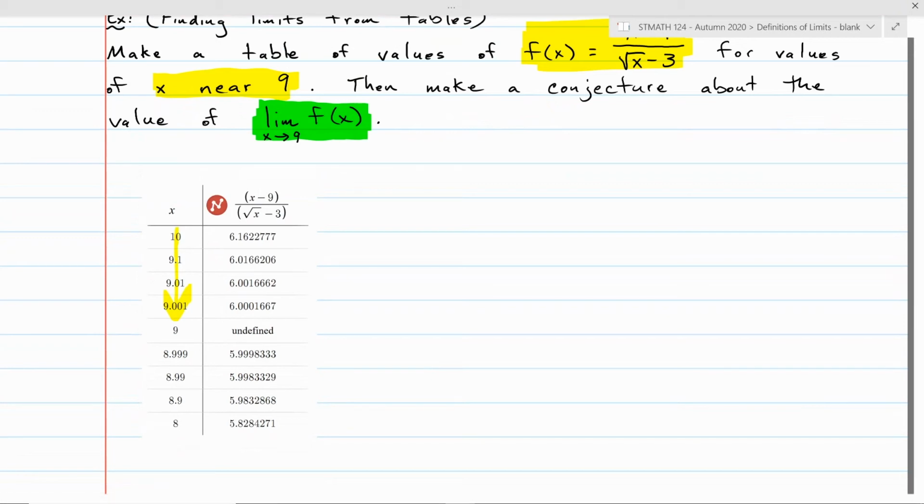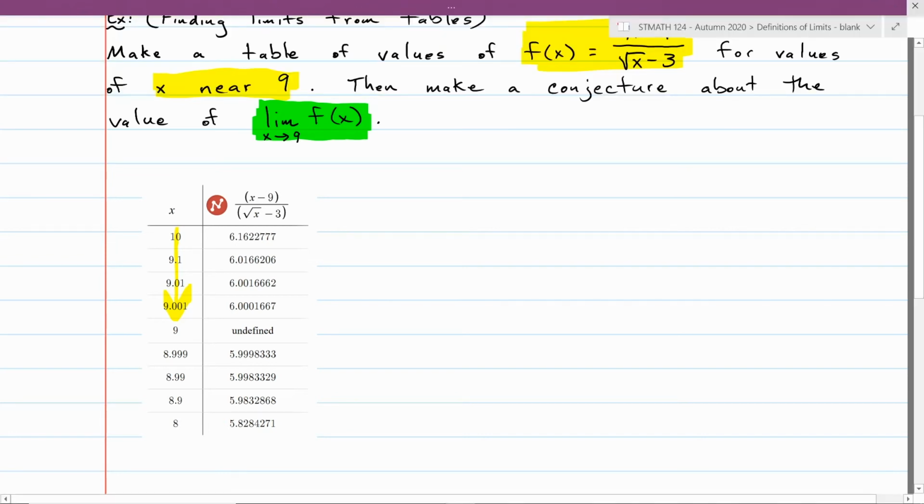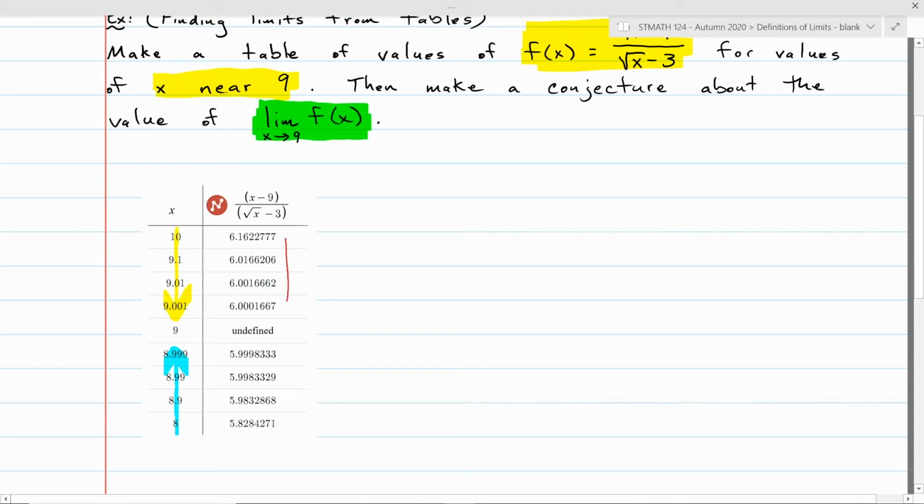But as those values of x are getting closer and closer to 9, either way, whether you look at it as the values of x are getting close to 9 but bigger than 9, or those values are less than 9, either way, as those values close in on 9, what are the y values doing in the right-hand column? It looks like to me that these values are closing in on 6.